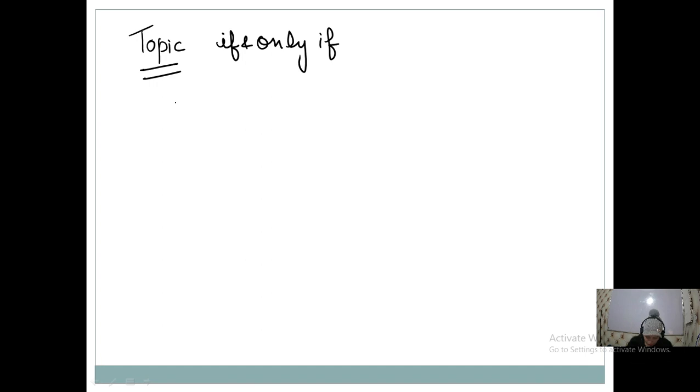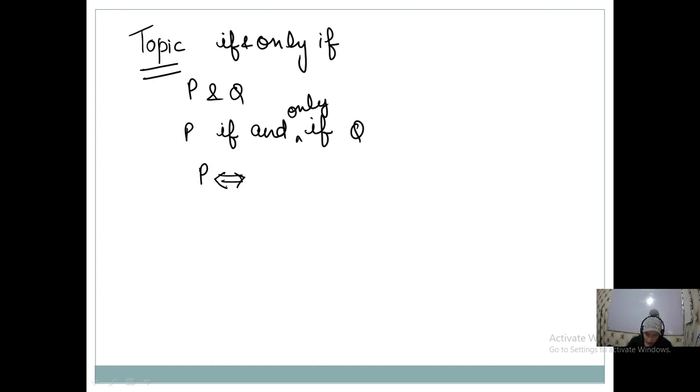In this case we have to keep in mind, if P and Q are two statements, then P if and only if Q is a statement denoted as P biconditional Q, whose truth value is true when the truth values of P and Q are the same.